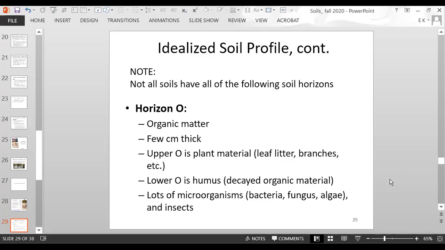The upper part of horizon O is plant material like leaf litter, branches, etc. The lower O horizon is the humus, or the decayed organic material. There's lots of microorganisms within the horizon O as well, like bacteria, fungus, algae, and insects.